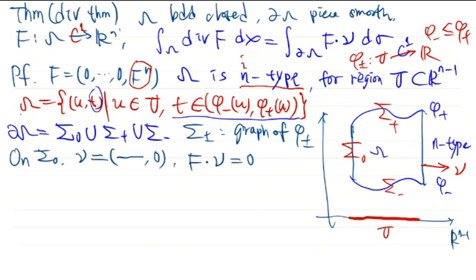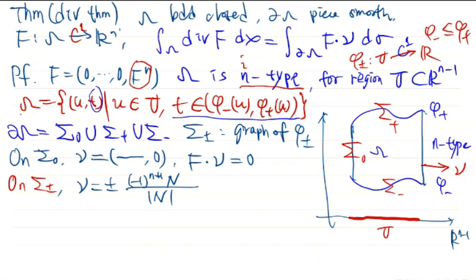And then we also have the other two parts. We know that nu is plus or minus the vector n over the norm of n.